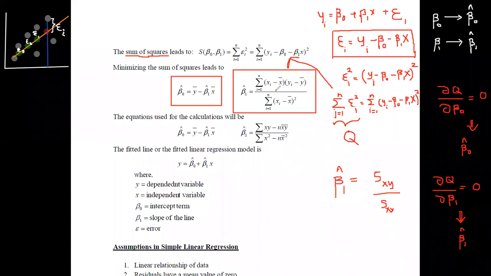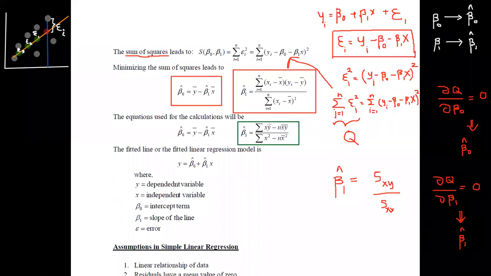Then at the end, if you get the summation accordingly, you can obtain the equation we can use to estimate the value of beta 1. The equation would be beta 1 hat equals summation of xy minus n times x bar times y bar, divided by summation of x squared minus n times x bar squared.